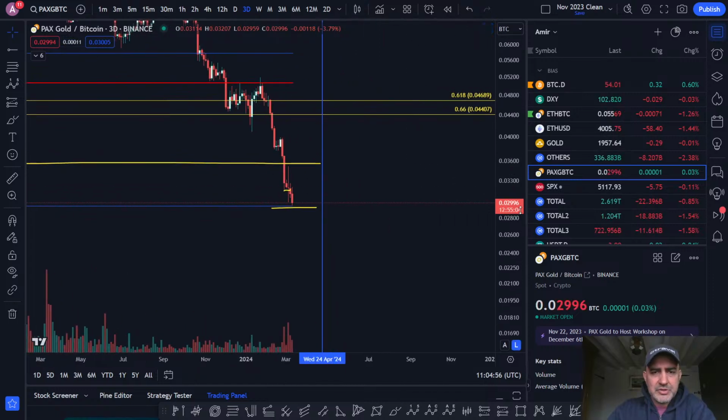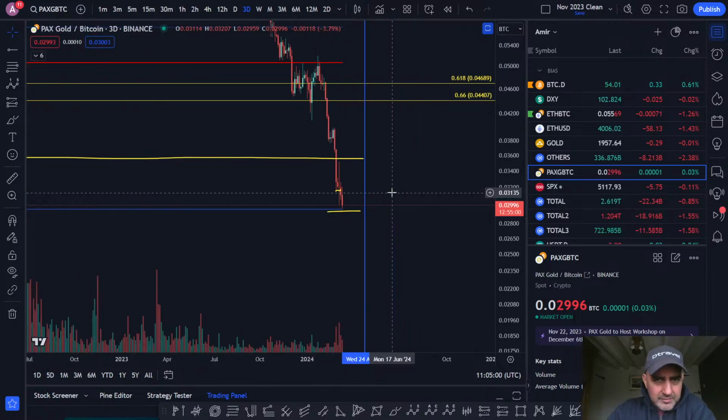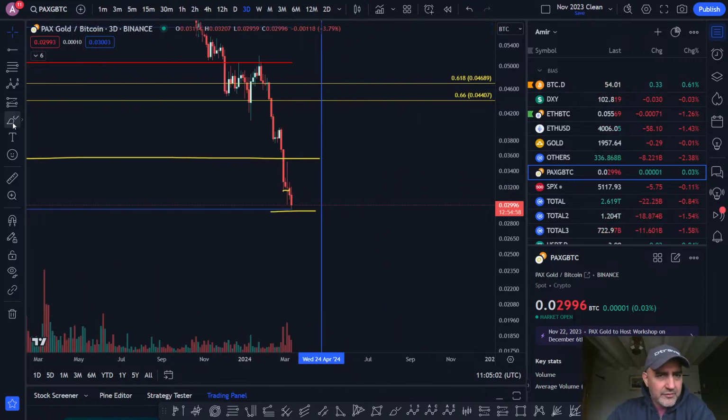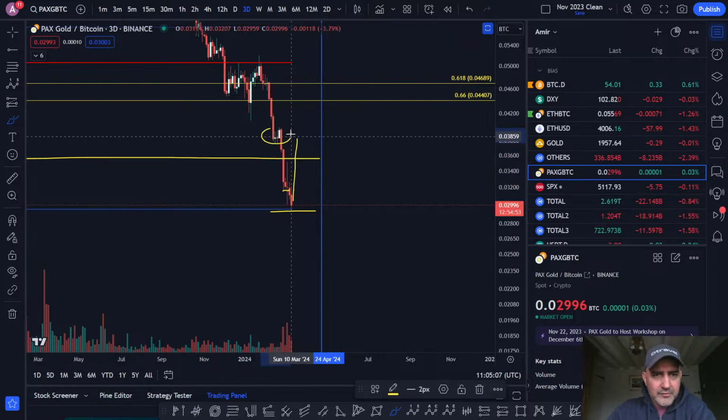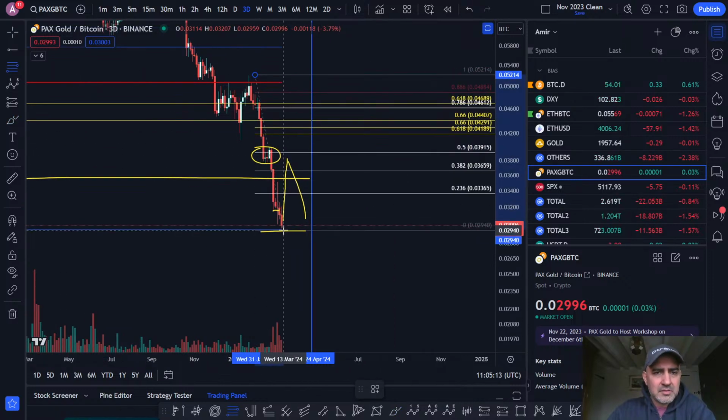If we do go back up, then probably the first area of resistance will be this little crop of candles here. Probably. Could be lower.